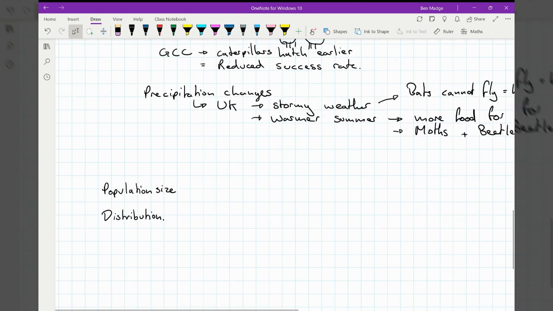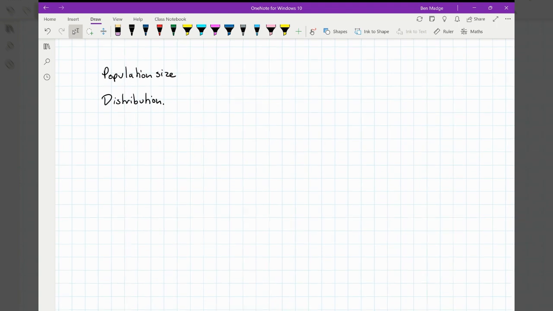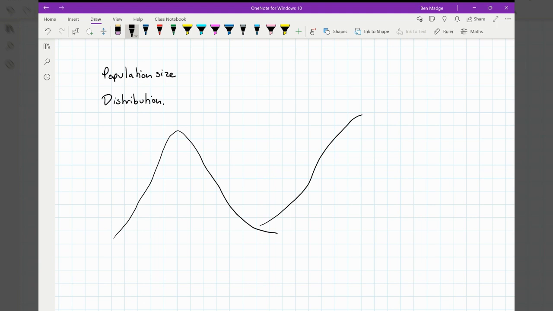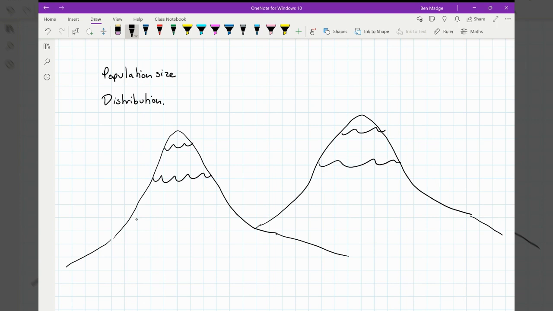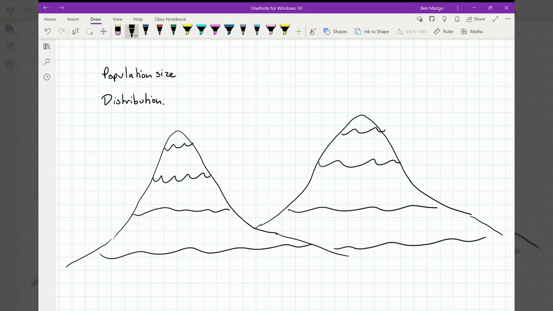The last two, population size and distribution. This is affected by things like changes in tolerance zones, which reduce population distribution. If you have species that are found on mountains, you may find that in the past, so here's our snow peaks, and then we have our different biomes, or climatic zones, should I say, going up.